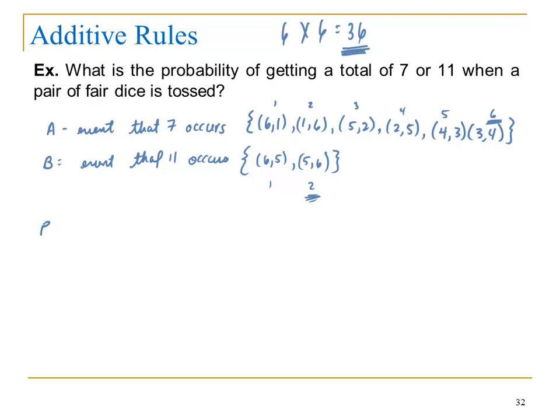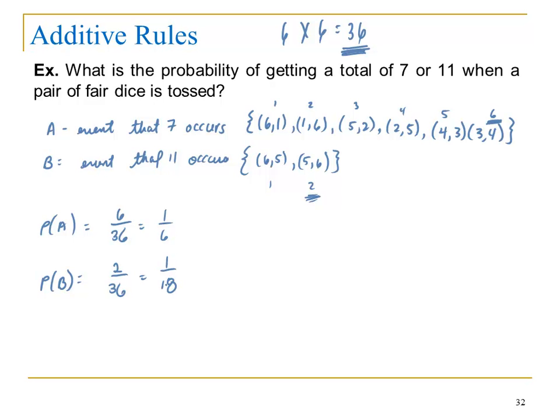So the probability of A is 6 over 36, which is 1/6, and the probability of B equals 2 out of 36, 1 over 18.